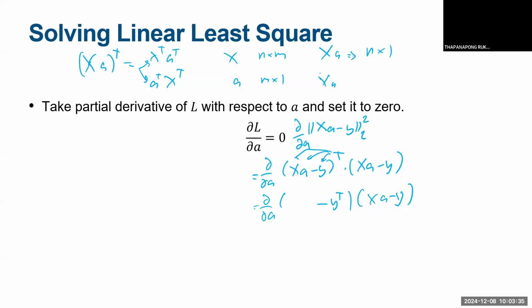What about XA transpose? We're going to have 1 times n. So we have X transpose, A transpose. X transpose, how many rows, how many columns?